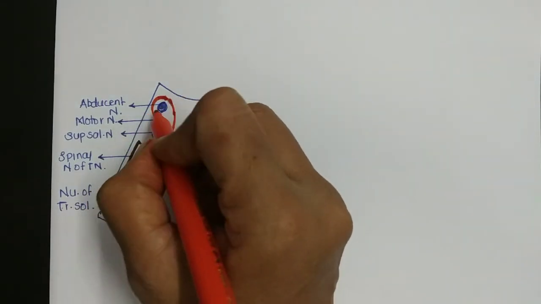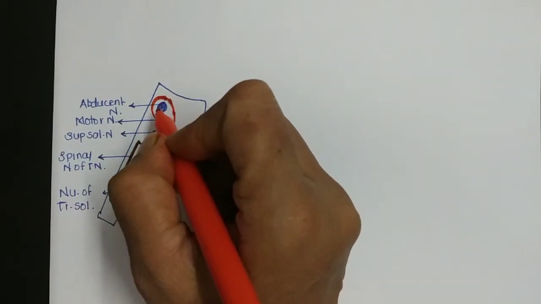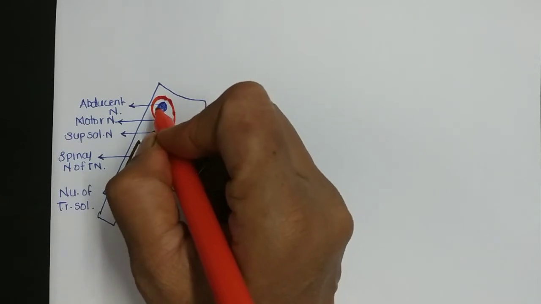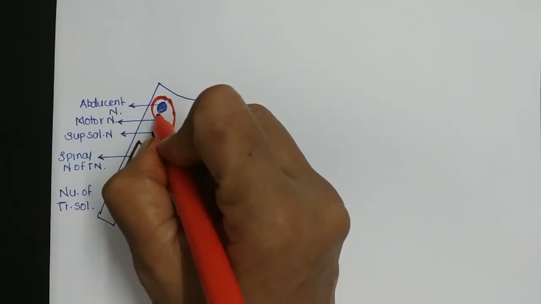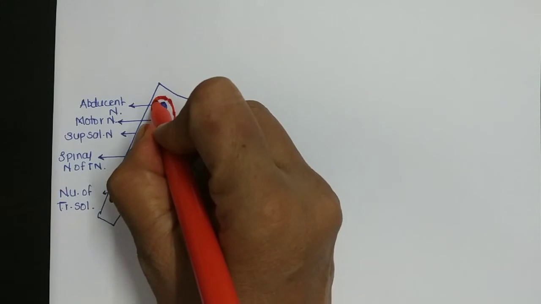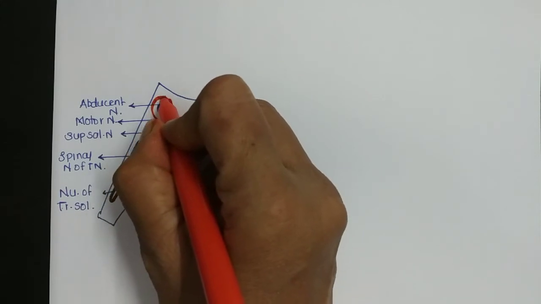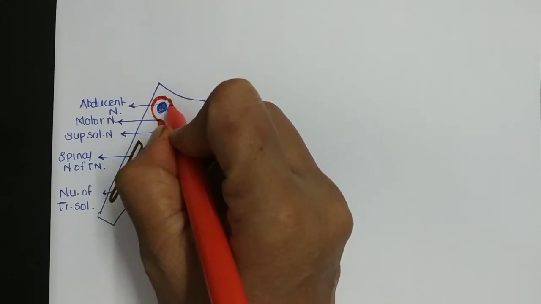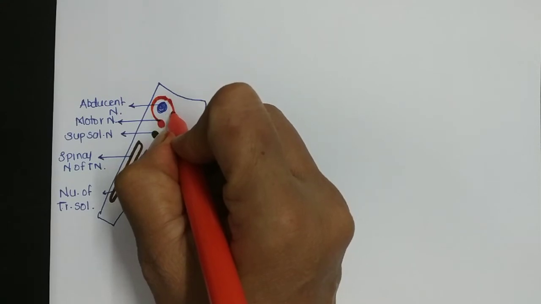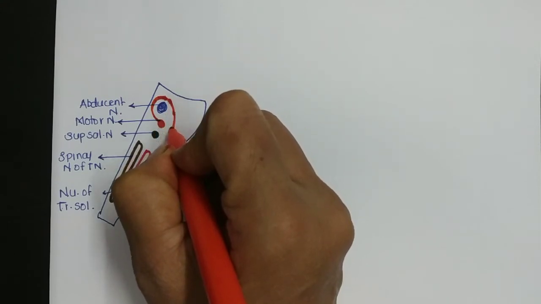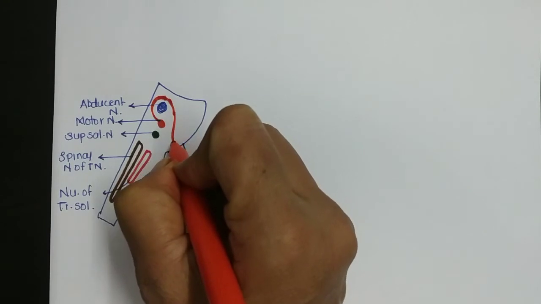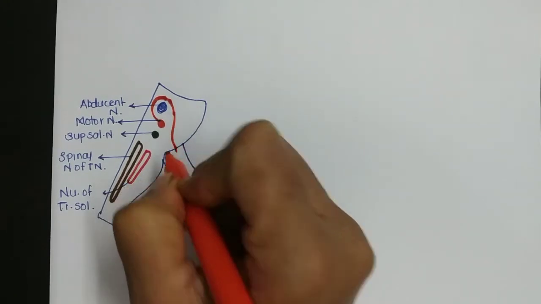So this is the course adopted by the motor root of the facial nerve. So it passes dorsomedially, winds round the abducent nucleus from medial to lateral side, then it runs ventrolaterally and downward and emerges at the cerebellopontine angle.